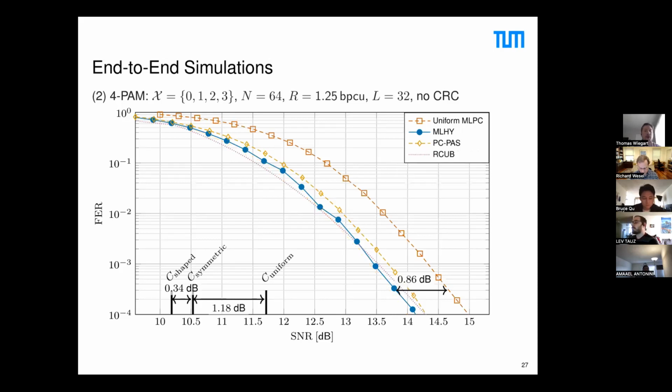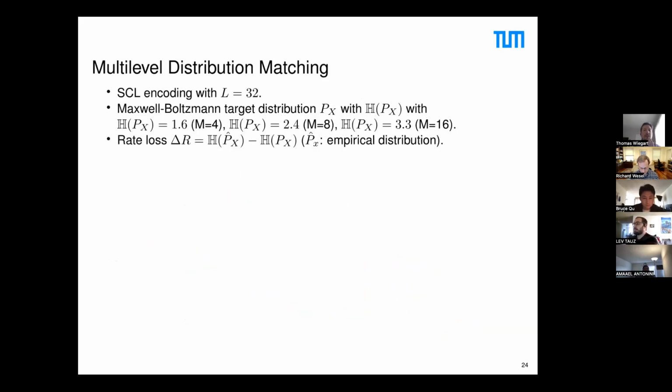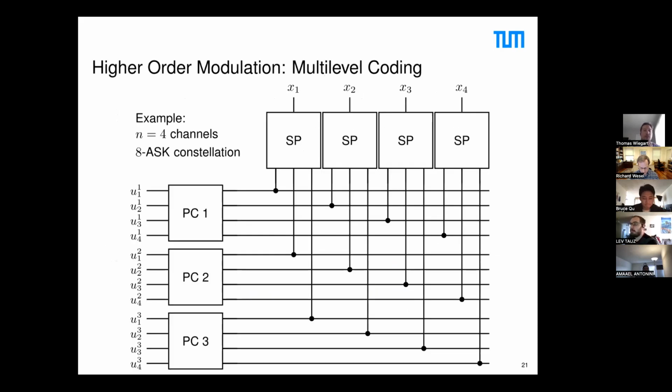No, not yet. That's actually a good idea. I once played around with it a little bit without shaping, so just using the multi-level coding and uniform code words. There I tried adding a CRC for every bit level, but I couldn't get better in this case.